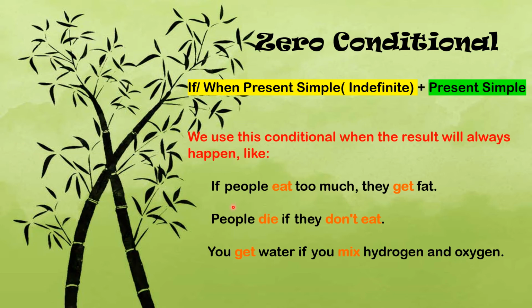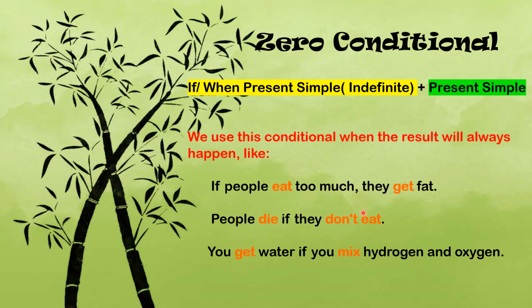Now, when we are using this conditional, it means that the result will always happen. Look at some examples. If people eat too much, they get fat. So this is a fact. This can be taken as a scientific result as well. When you eat too much, you get fat. People die if they don't eat.